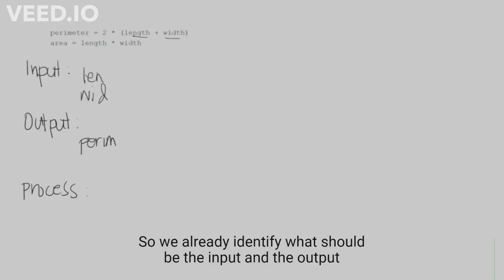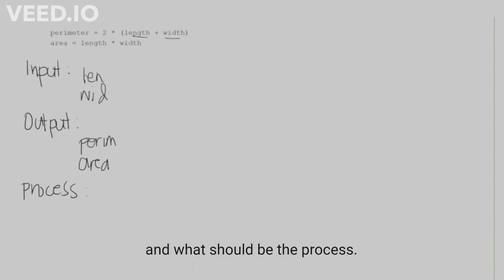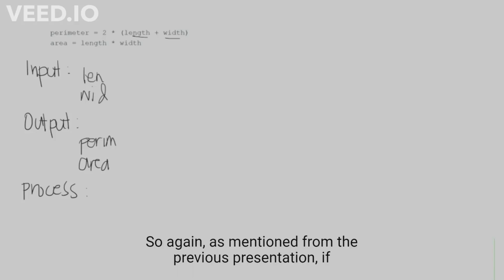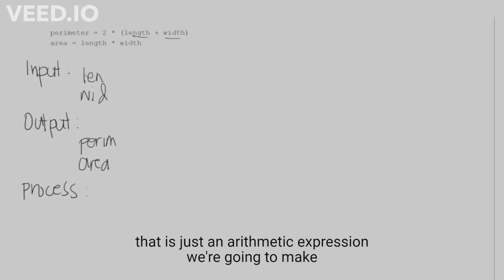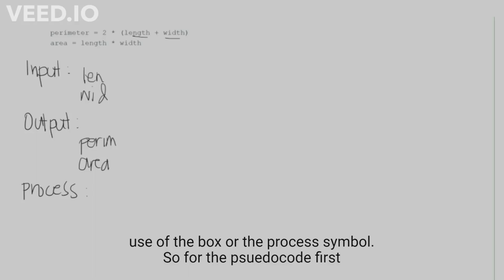So we already identified the input, the output, and the process. Again, as mentioned in the previous presentation, if it is just an arithmetic expression, we make use of the box or the process symbol.